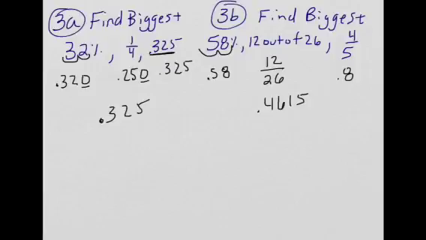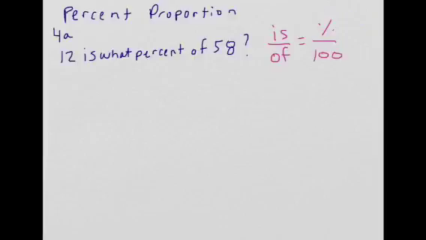You can do 4 divided by 5, and it's going to give you 0.8. Now notice, we're looking to see which one has the largest, or which one is the biggest. So you're always going to add zeros so that the numbers that you're comparing have the same number of digits behind the decimal. So you'll notice that it's 5,080, 4,615, or 8,000, which makes 4/5 our biggest.